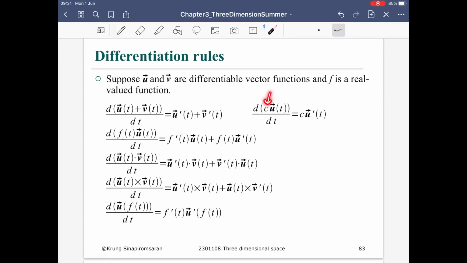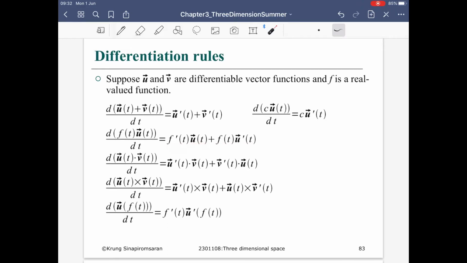If you got a constant in front of your vector, now the constant is called a scalar, you can pull out the scalar and go ahead finding the derivative of the u. If you got a scalar function multiplied with the vector, it's just the same old thing that you can use a product rule. The first times the derivative of the second plus the second times the derivative of the first.